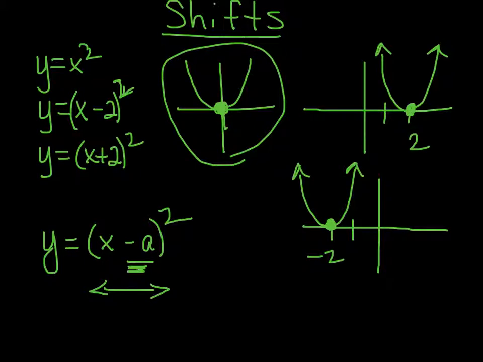For example, in the second one, that was a minus 2 inside the parentheses, so you shift to the right 2. In the third one, x plus 2, that's a plus 2 inside the parentheses, so you shift to the left 2. So whenever there's a number inside the parentheses, you shift horizontally, but in the opposite direction of the sign.